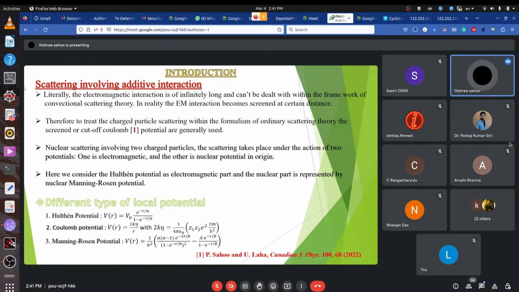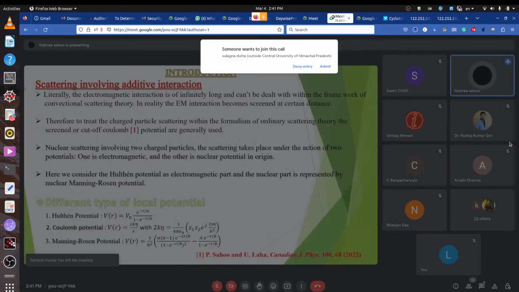So we are taking the electromagnetic interaction potential at short distances to treat the charged particle scattering with the formalism of ordinary scattering theory. Here we are taking the electromagnetic part as the Hulthén potential and the nuclear part as the Manning-Rosen potential.